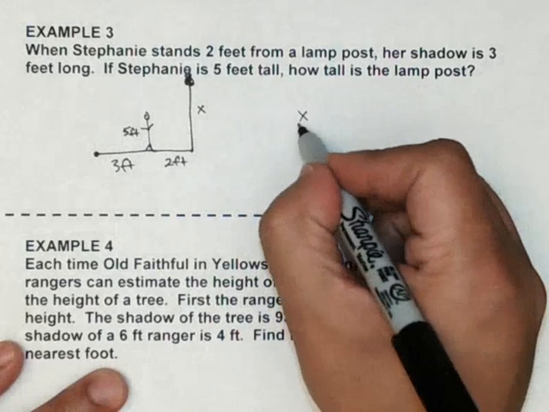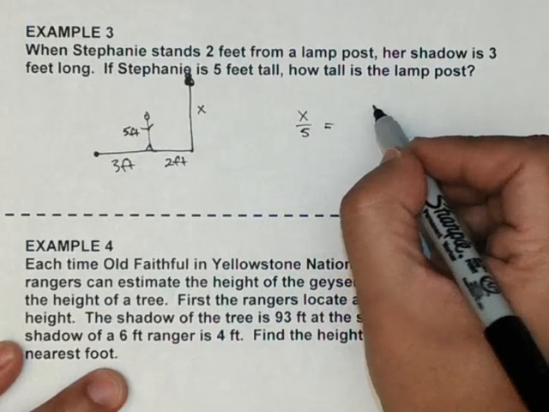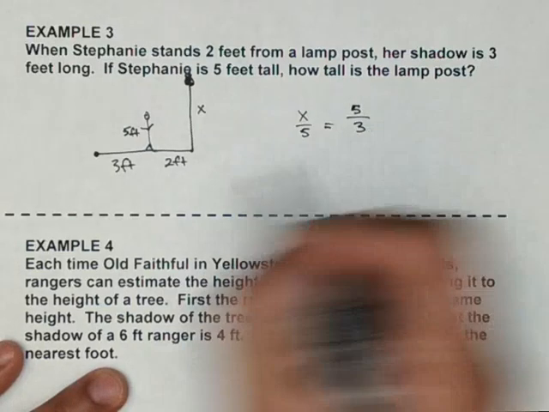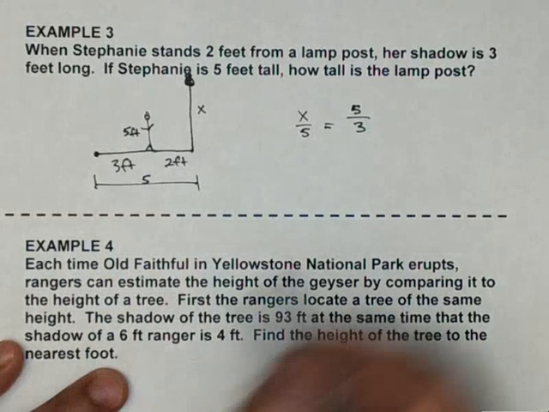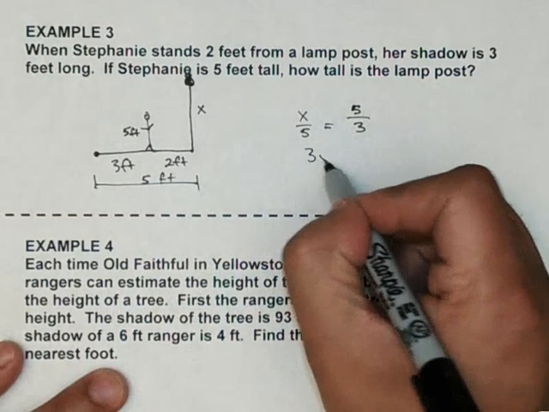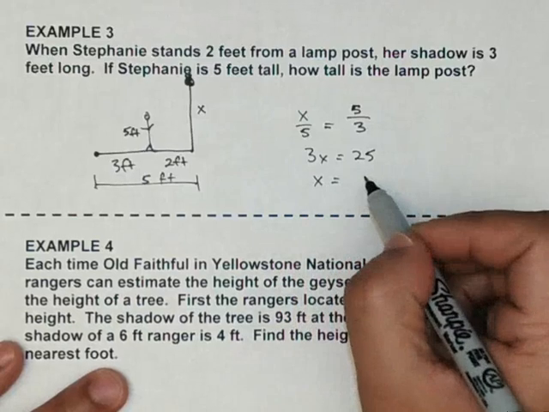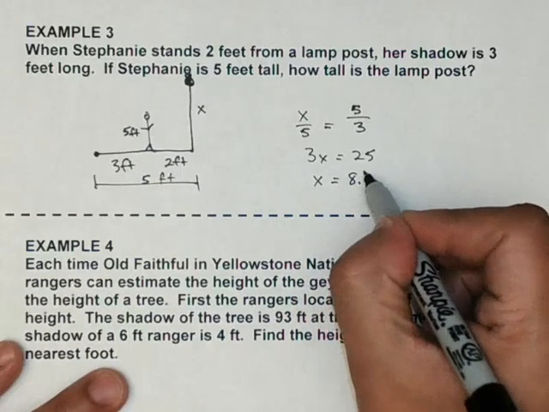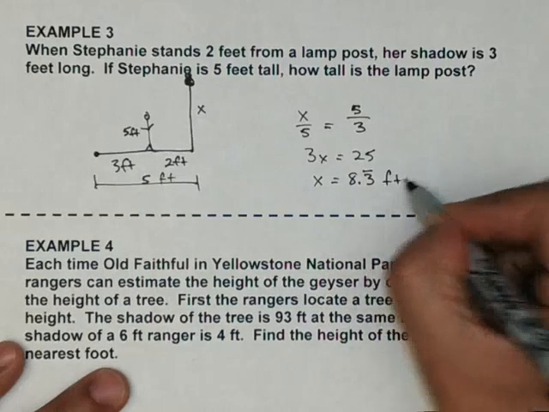We're going to say x is to 5 as 5 is to 3, because we'd have to add from here to here. That gives me the 5 feet total. Cross product, we get 3x is equal to 25, divided by 3. X is going to be 8.3 repeating. And that's just in feet.